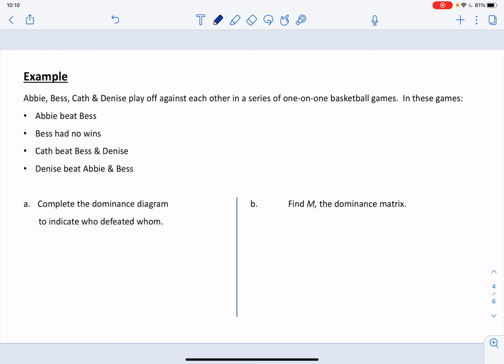Too many S's, too much tongue tying. So first of all I'm going to label these girls. Abby is an A, Bess is a B, Kath is a C, and Denise is a D. Complete the dominance diagram to indicate who defeated whom. So we're going to put our A, B, C, D, like our airports before.